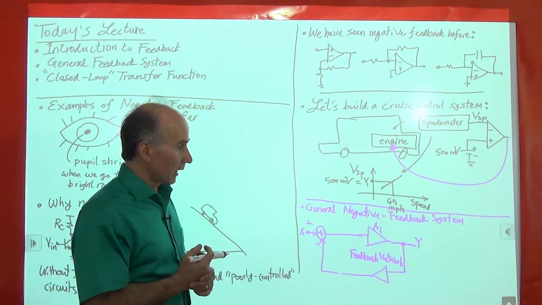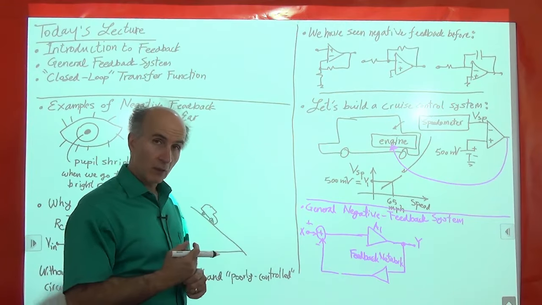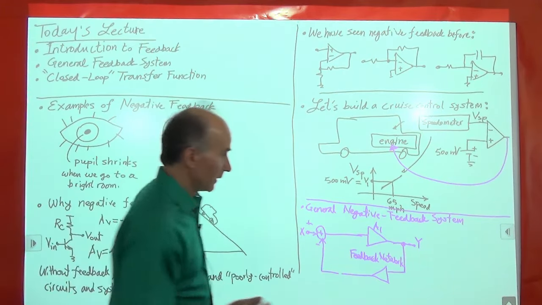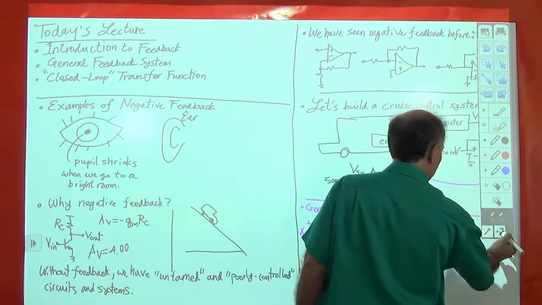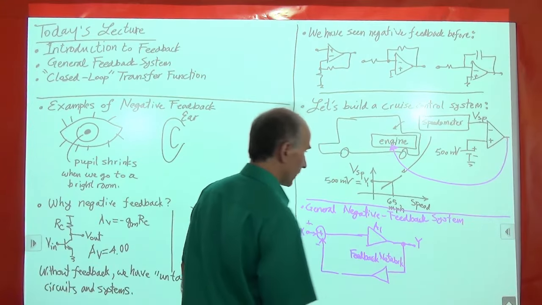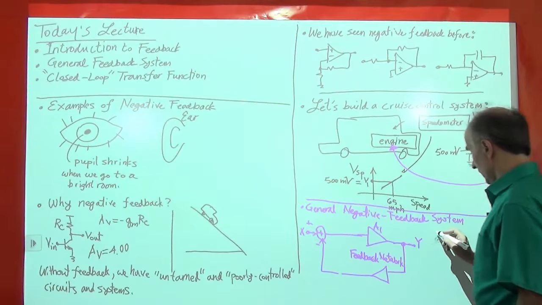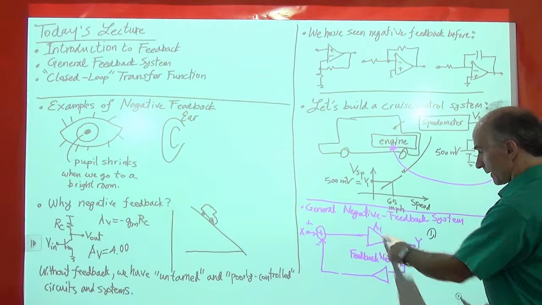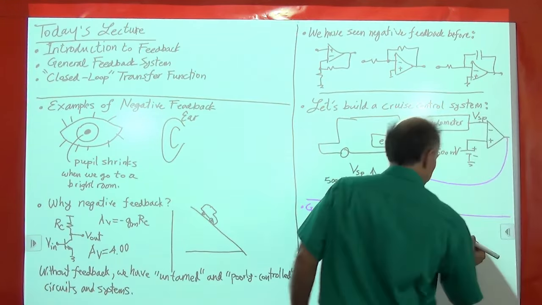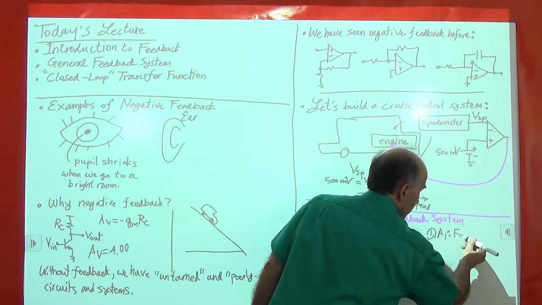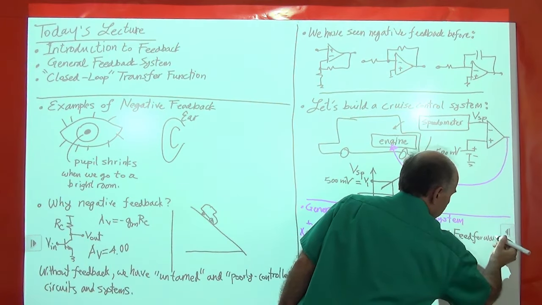Okay, so what we can see is that a negative feedback system requires 4 components. So let me identify those components here, and then we go forward. All right, so the first component is this one, this A1, which we call the feed-forward system.